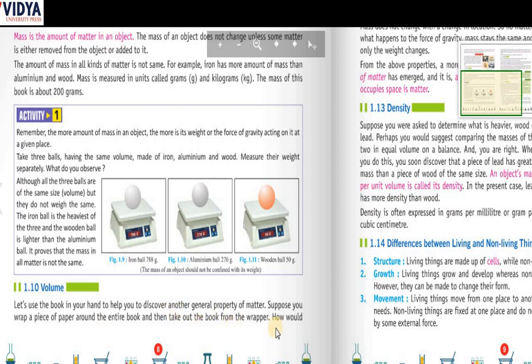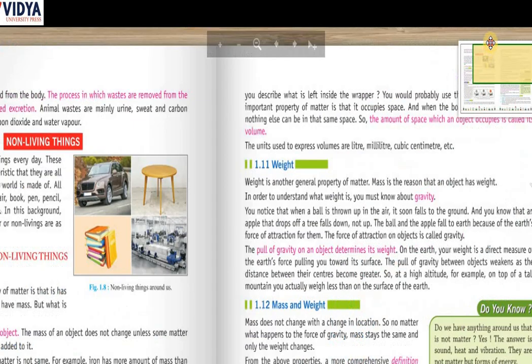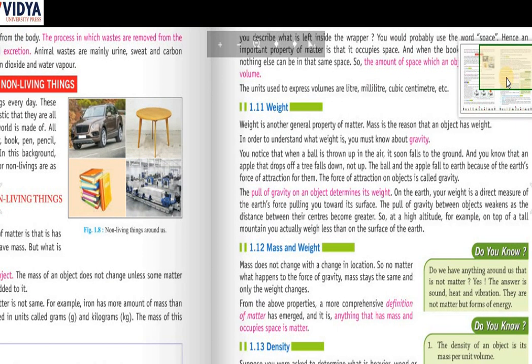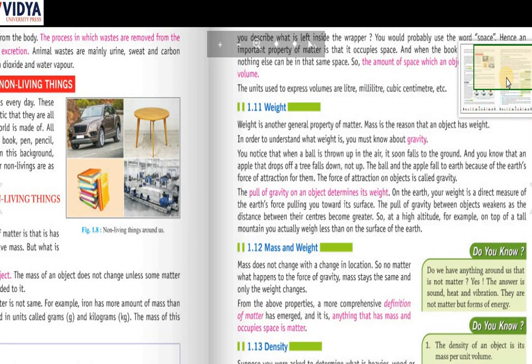How would you describe what is left inside the wrapper? You probably use the word space. Hence, an important property of matter is that it occupies space.